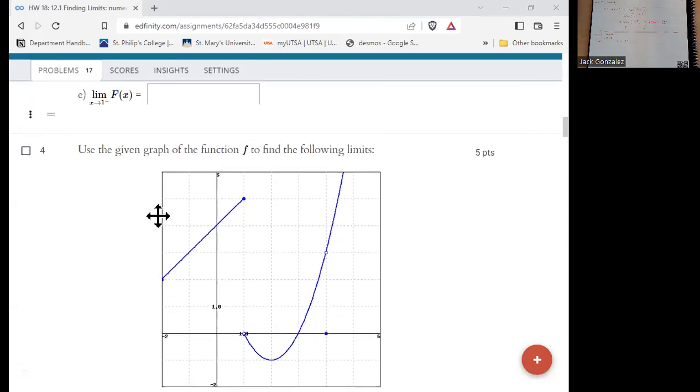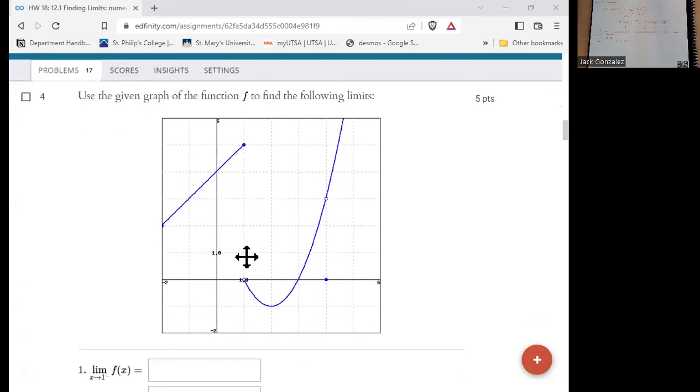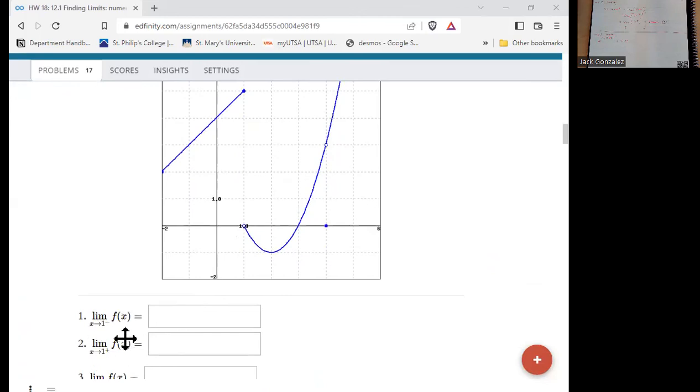Look, check out this graph here. This one's a better picture. What is the function doing as we approach +1, which is right here, right? From the left side, we are coming up, in this direction. Let me move this.